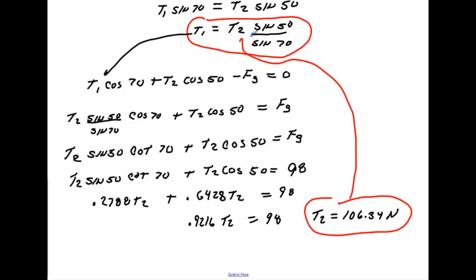We can solve for T1. So we're going to multiply that by the sine of 50 divided by the sine of 70, and that gives us T1 is equal to 86.69 newtons.